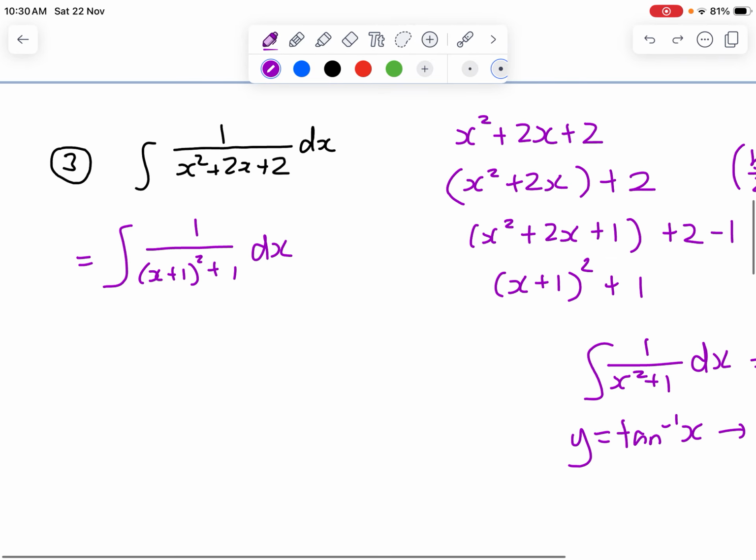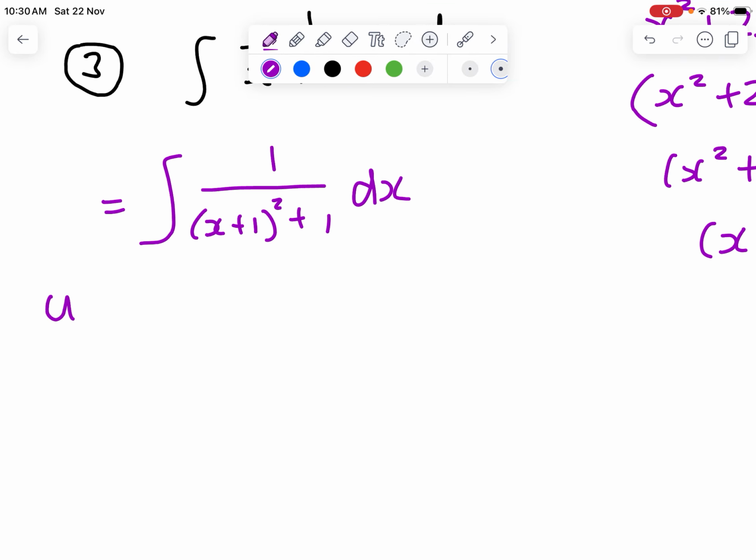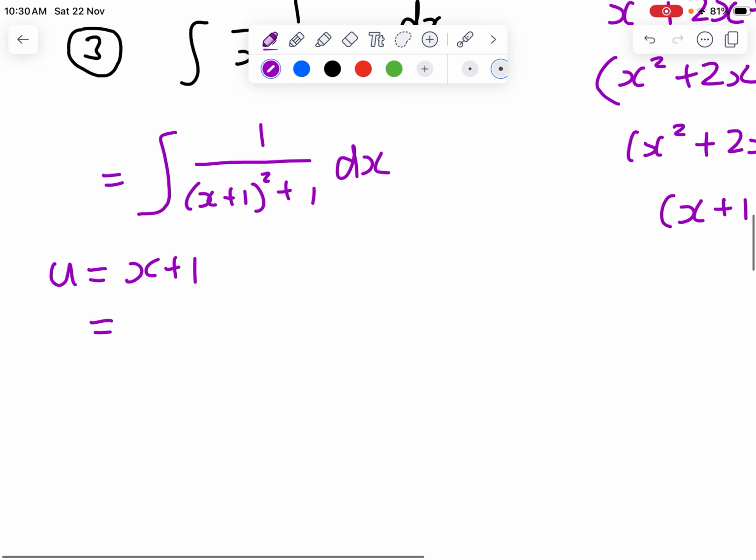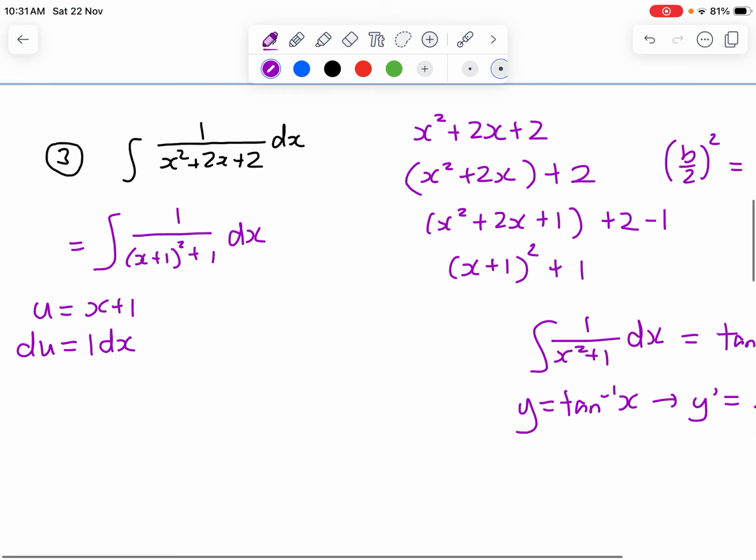So now we can use our u sub. So our u can be u equals x plus 1, right? We want this to look like this. So du is just equal to 1 dx. So now that we have that, we can plug in the u, which is that.